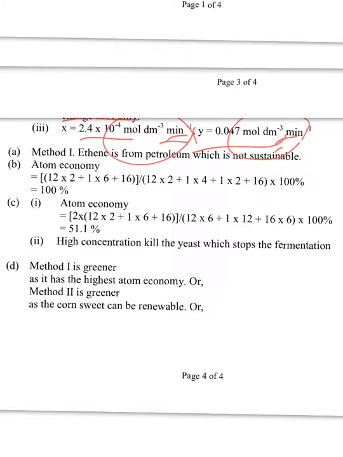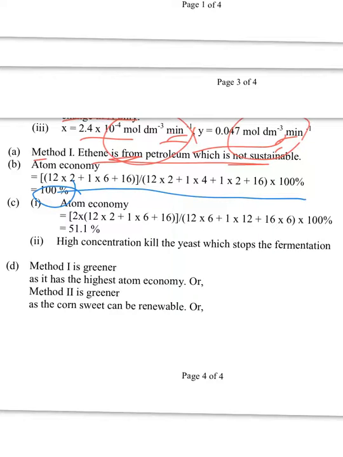Least, of course, is method 1 because ethene cannot be renewed from cracking of oil. And then for part B, calculate atom economy, you just wrote down 100%. I know, because there is no side product. But you need to show the calculation, how you calculate the atom economy. Okay? Don't just write down the answer, I mentioned that in the lesson already.